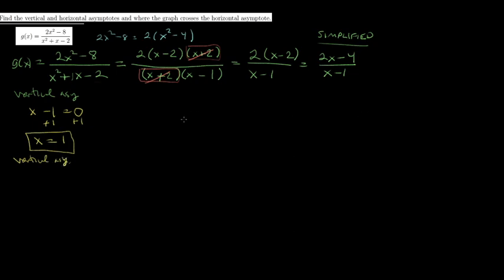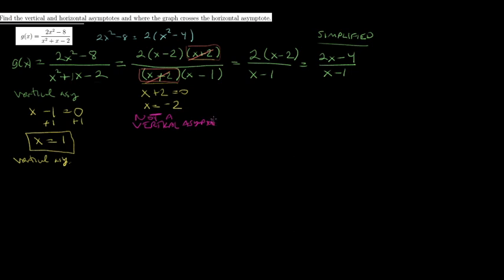You have to be careful here, because if you didn't cancel these, you might be tempted to set x plus 2 equal to 0 as well, and in that case, you would get x equals negative 2. But you have to be careful, because this is not a vertical asymptote. It got canceled.